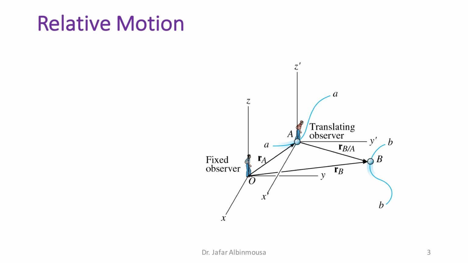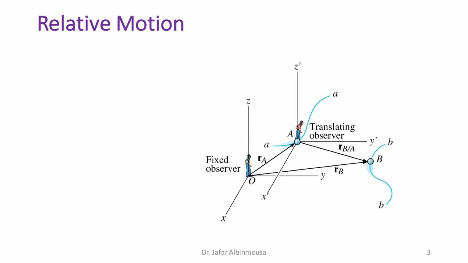If this observer shoots an arrow, a position vector, toward B to measure its position, then that arrow has to depend on the position of A. After 1 second, position A will change, and after another second, it will change again. So at every moment, the position of B has to be measured relative to the position of A. This is why the position vector is written in a relative form.